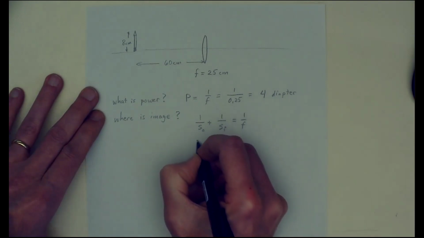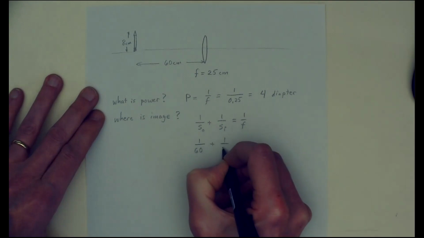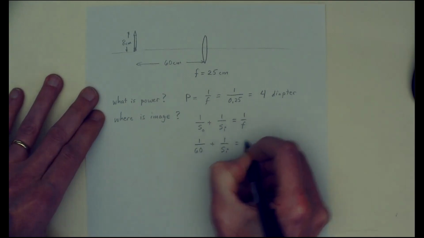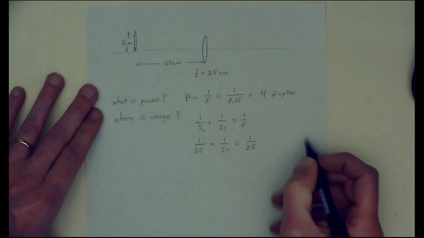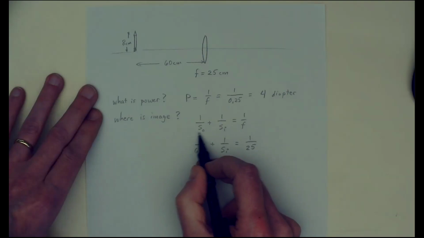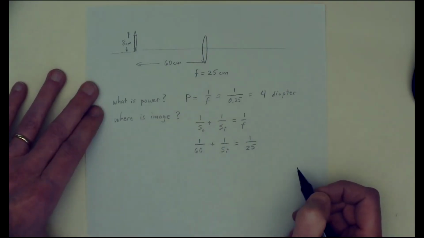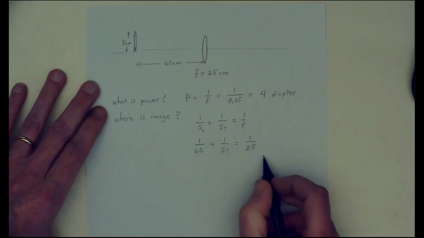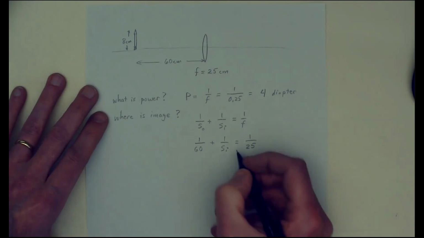So to put the numbers in, we'd have 1 over 60 centimeters plus 1 over the image distance equals 1 over 25. Now in this case, as long as you put s_o, s_i, and f in the same units, you can use any units at all. Inches would work just fine. But we'll just keep it all in centimeters, and we'll get our answer in centimeters that way.